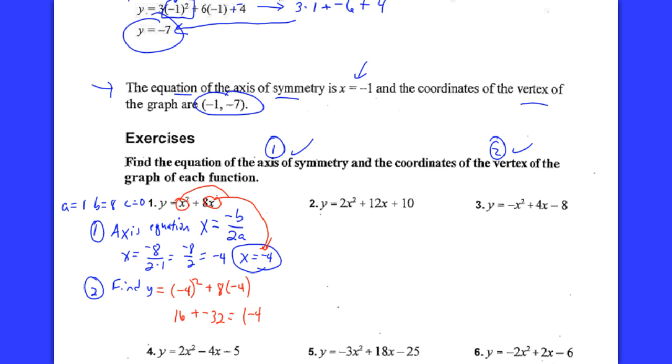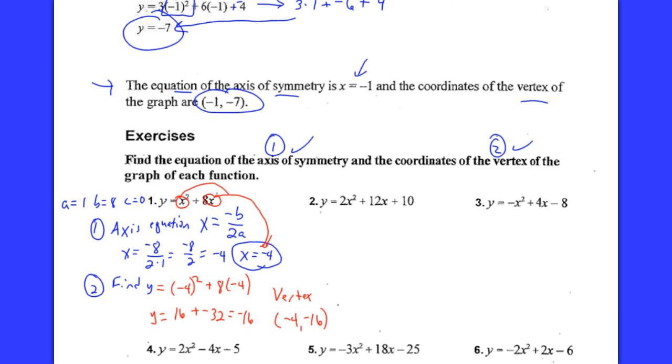I got ahead of myself here. So that's the value of y for the vertex. So the vertex point is negative 4, negative 16. And there you have it.